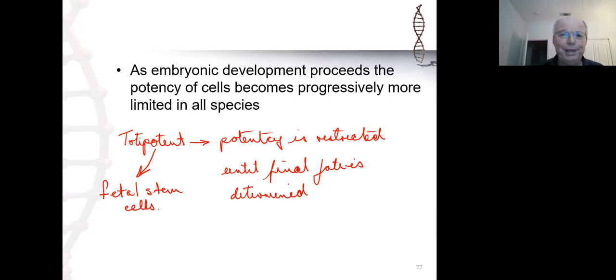As development begins and cells start following their developmental pathways, their ability to become different types of cells is progressively restricted as they move further out on the branching of cell types. Ultimately, they reach their final twig when they are locked into what they are ultimately going to become. And we say that they have been determined at that point.